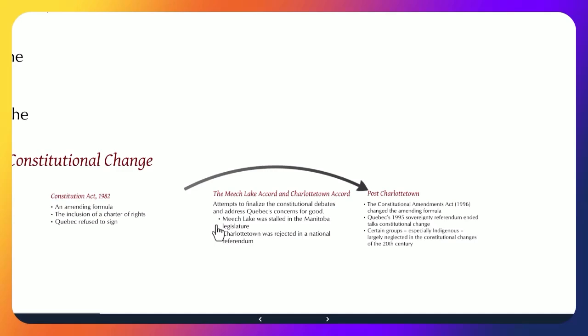And even though the federal government accepted it and almost all provincial governments ratified the Meech Lake Accord, when it came to the Manitoba legislature, it was defeated by one man, the deciding voice.